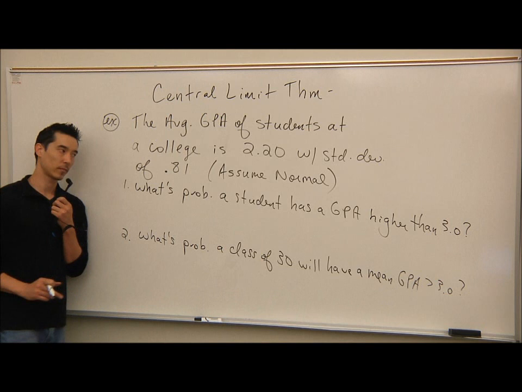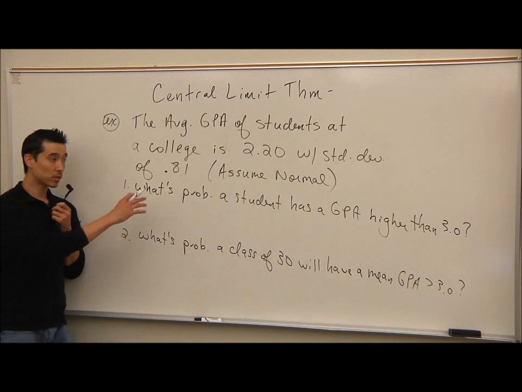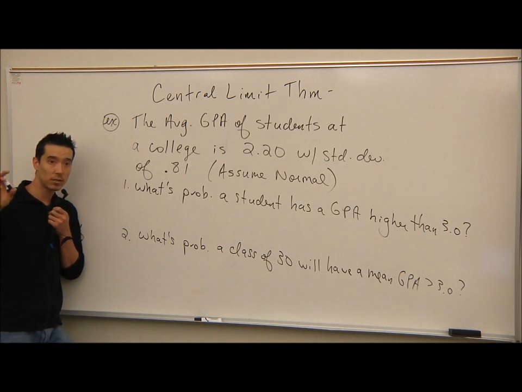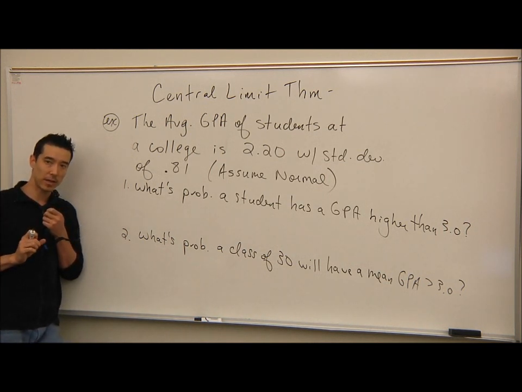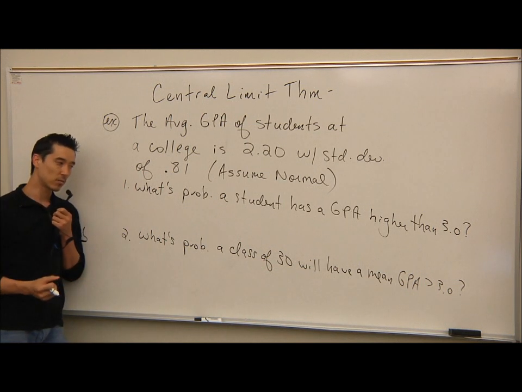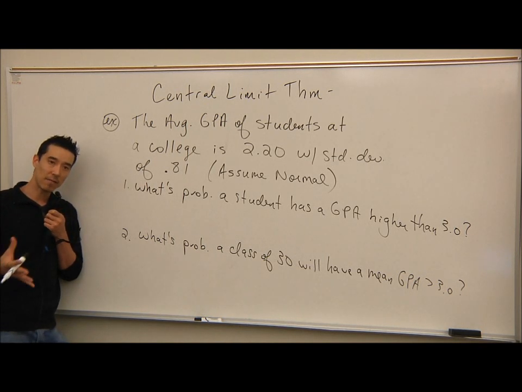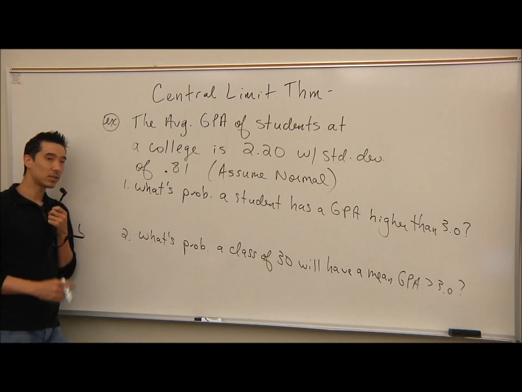Okay? So question number one, we select some student from this college. What's the probability that student has a GPA higher than 3? All right, I solved that using regular normal distribution. This question, what's the probability a class of 30, that the mean of that class will have a GPA higher than 3? All right, we're going to do both of these problems.